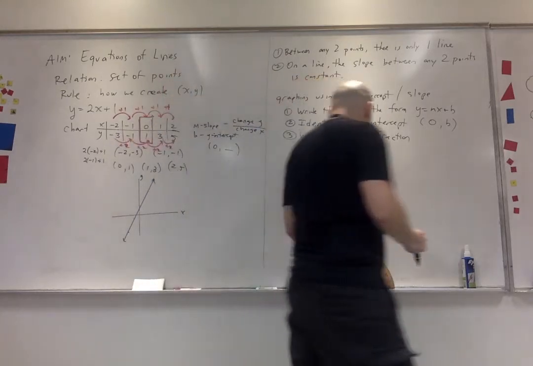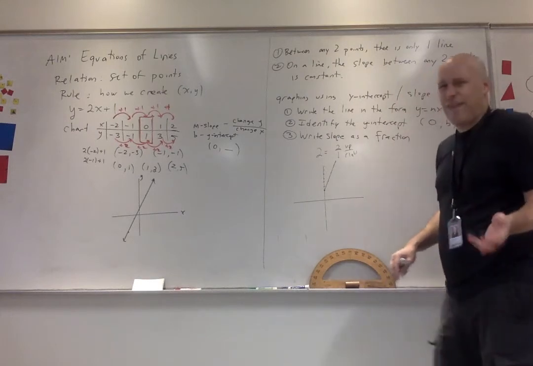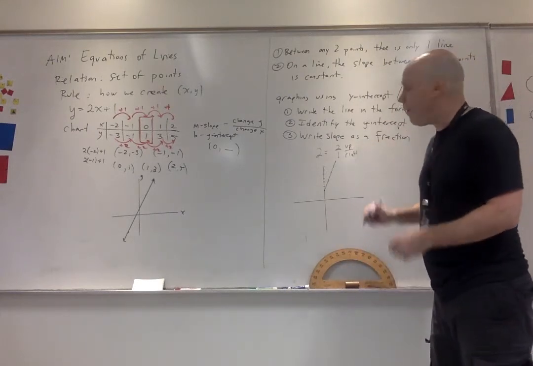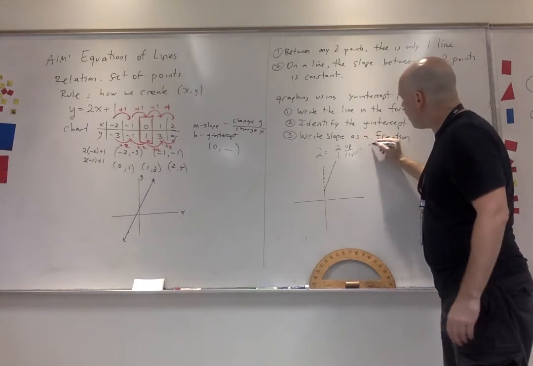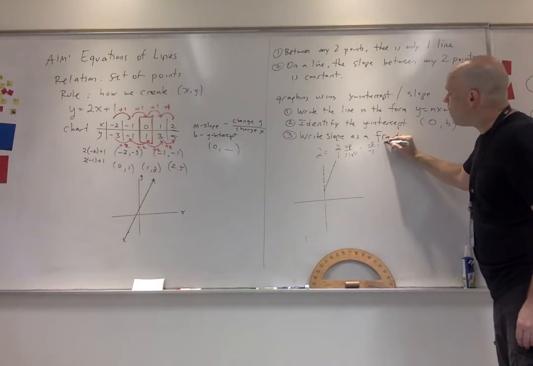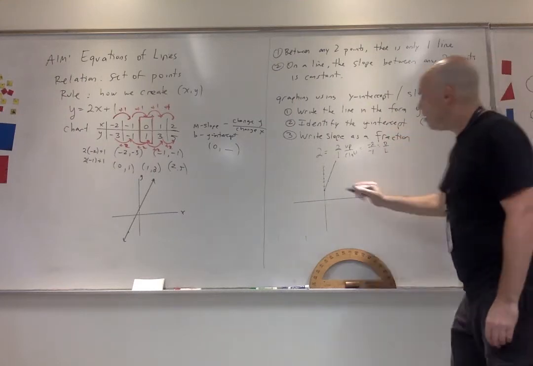If you learned from 5th or 6th or 7th grade math that positive over positive is equal to negative over negative, that's why this becomes down and to the left.